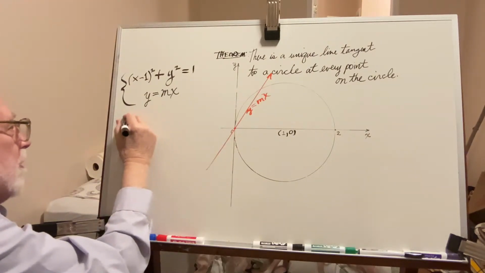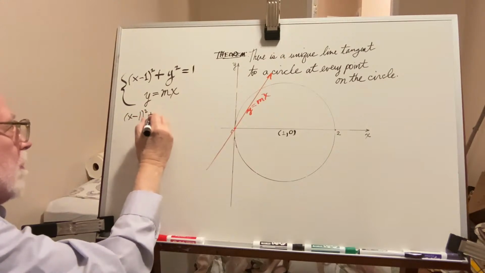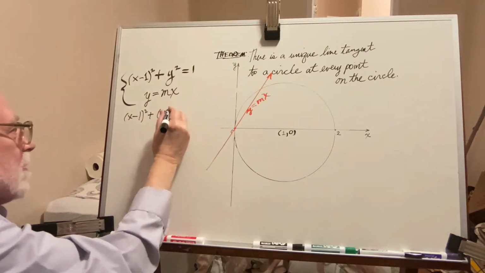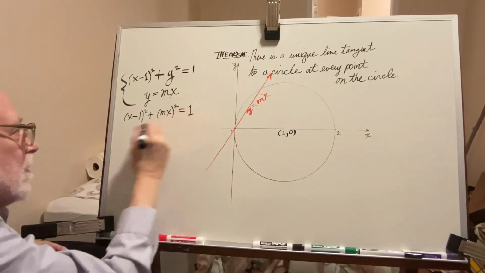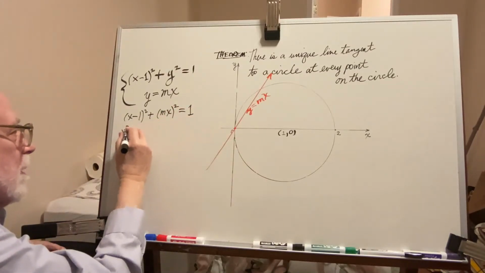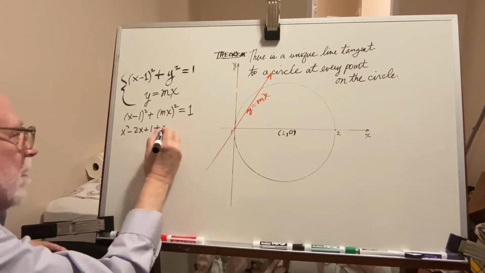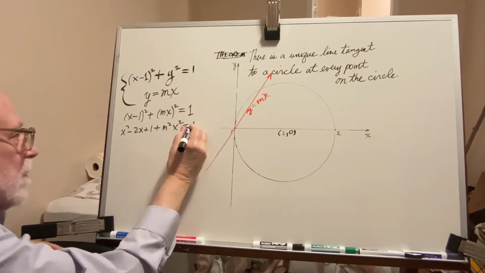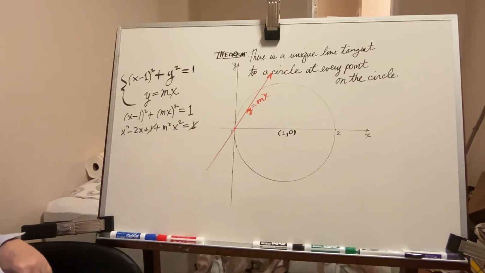So we have x minus 1 squared plus mx quantity squared equals 1. We get x squared minus 2x plus 1 plus m squared x squared equals 1. These ones will cancel.